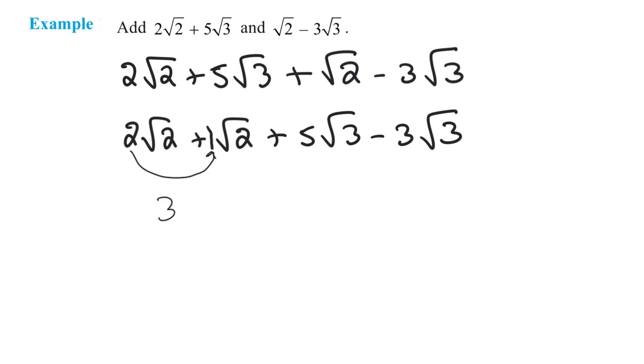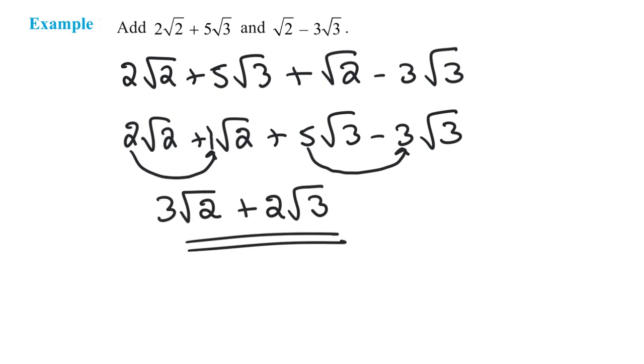So, 2 root 2 plus 1 root 2 is 3 root 2, plus 5 minus 3 is 2, so 2 root 3. That is the answer of addition. Get it? So, whenever the radicals are the same, they can be added or subtracted.